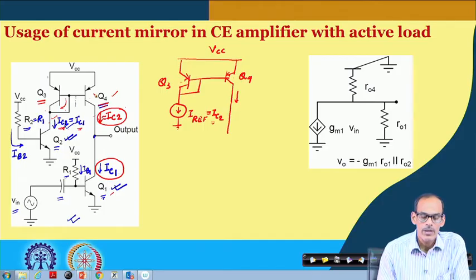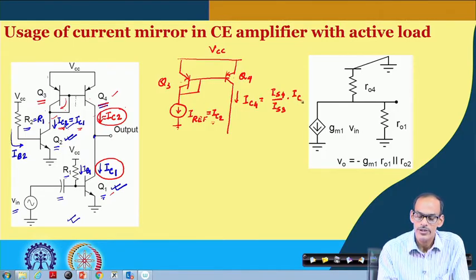So, the expression of IC4 equals IS4 divided by IS3 multiplied by IC2, and then we have two non-ideality factors coming there. One is due to beta loss or IB current, and the other is due to the finite value of early voltage.